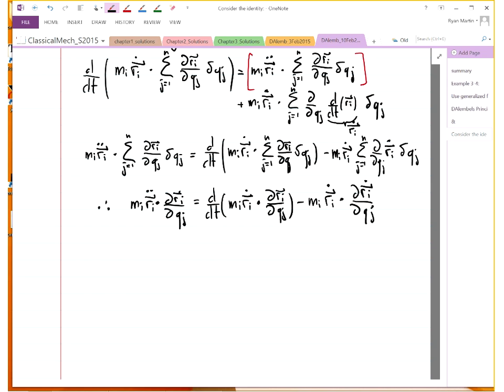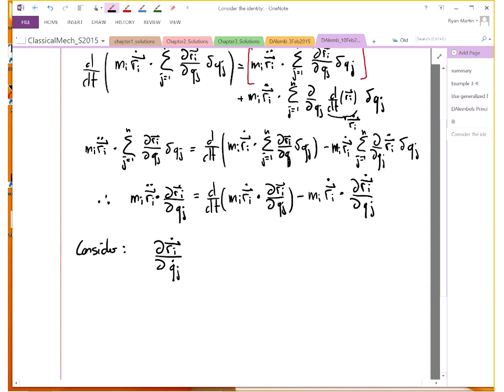So now we're going to manipulate this a little bit more. We need to consider another identity. So consider ∂r_i dot by ∂q_j dot. So that's not a term that appears above.